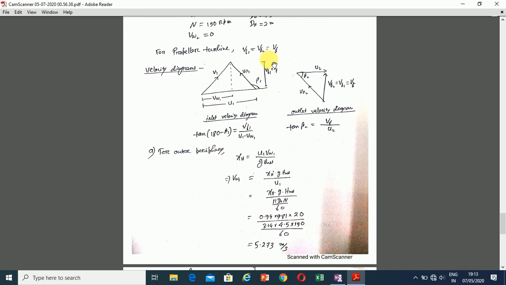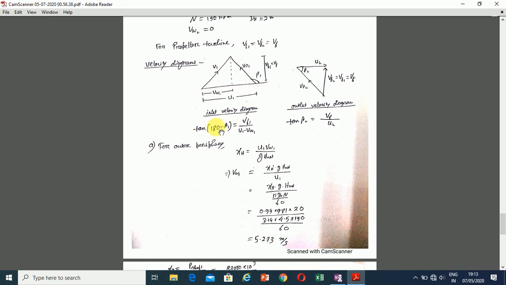Now come to the velocity diagram. This is the inlet velocity diagram. V1 is the striking velocity, Vr1 is the relative velocity. This will be the tangential velocity of the turbine, that is U1, and from this, beta 1 is the runner vane angle. So from here we can find tan of 180 minus beta 1, that is this angle.